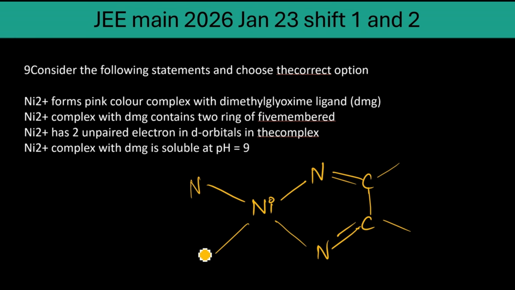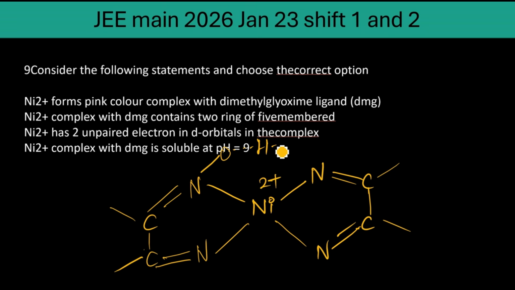Similarly on the other side also, same thing. Which is in 2 plus complex, and this is forming a structure like this. So what they have given is pink color complex. It's a rosy red or almost pink complex.